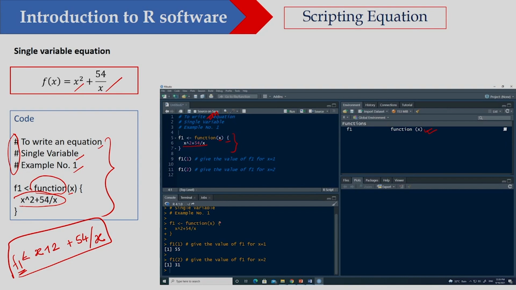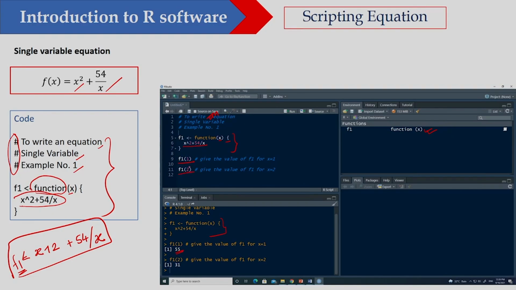I have executed these 3 lines, and now I would like to calculate the value of this function for x equal to 1. I will write f1 and within brackets write 1, and I get 55.